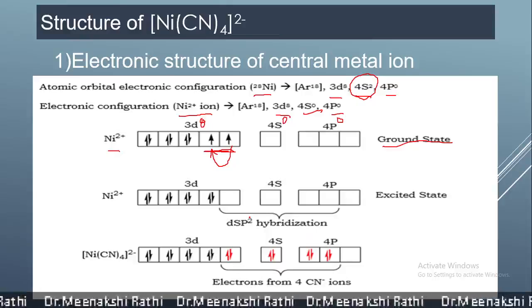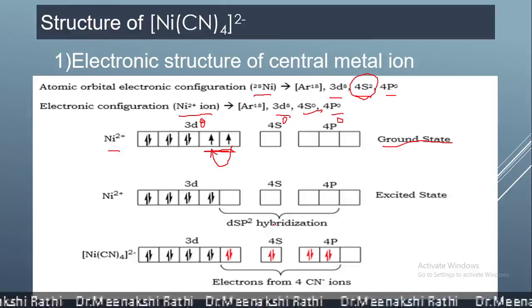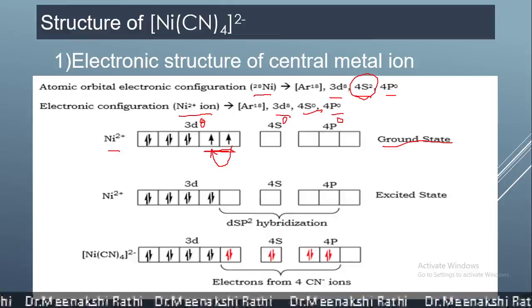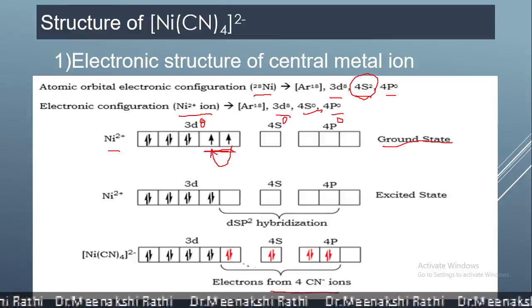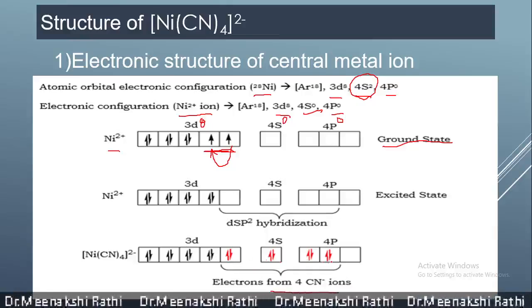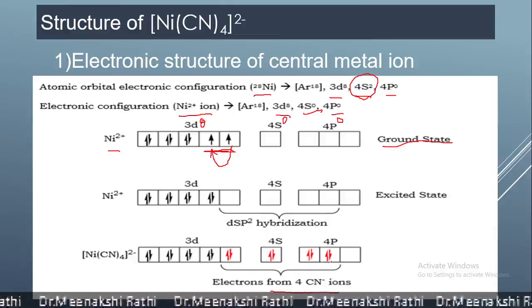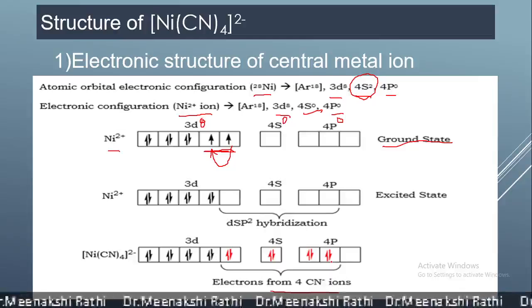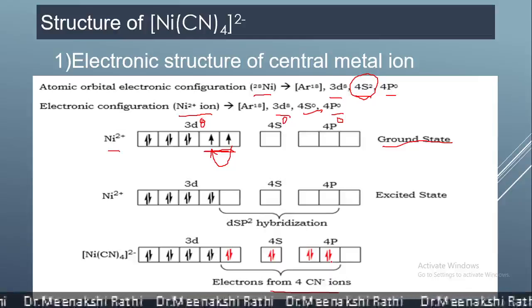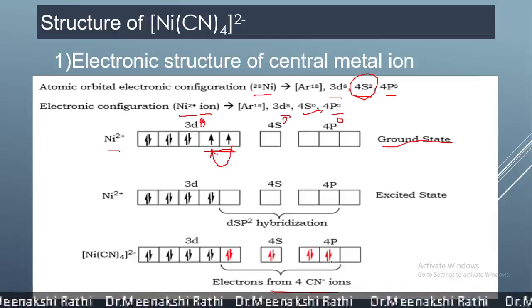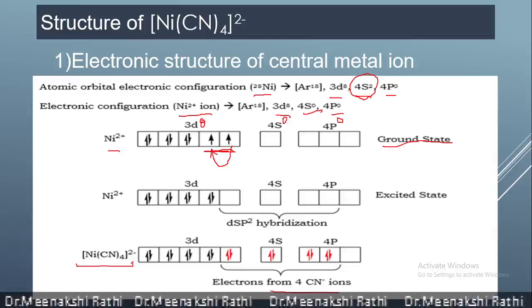These 4 vacant dsp2 hybridized orbitals accept electrons from 4 cyanide ions, which are shown in red color. So during formation of tetracyanonickelate, Ni2+ undergoes dsp2 hybridization, and the geometry of this complex is square planar.